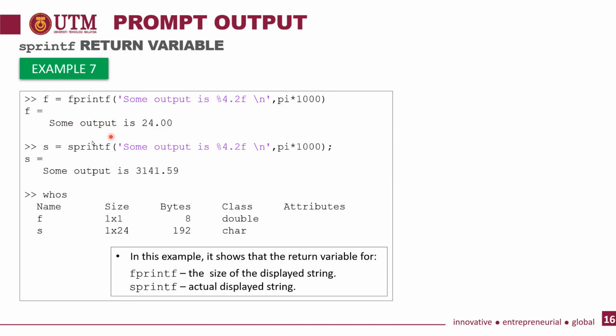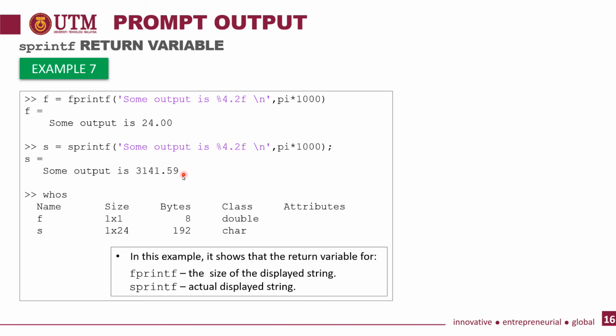Then we initialize another variable, s, but this time we are using Sprintf. We are using a similar type of message, also displaying similar output: 4.2f, a floating number with 2 decimal places and a field width of 4.